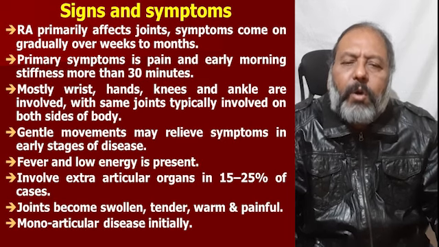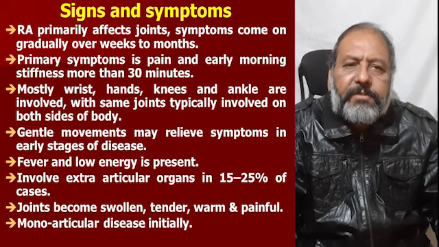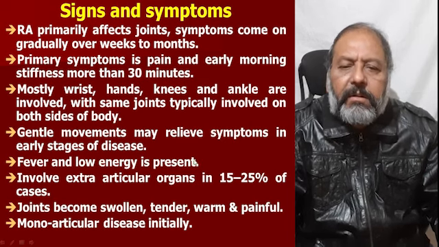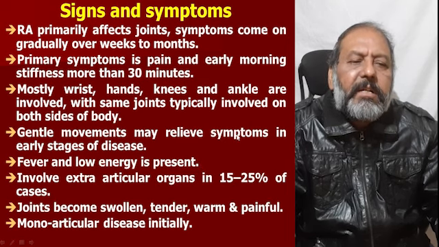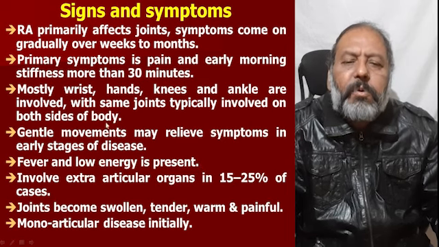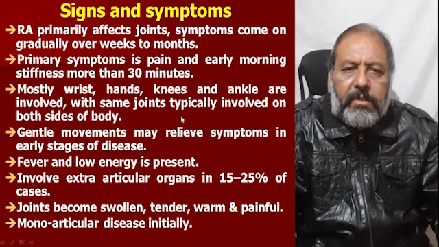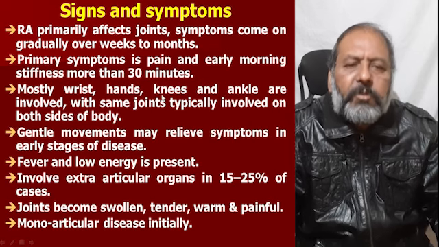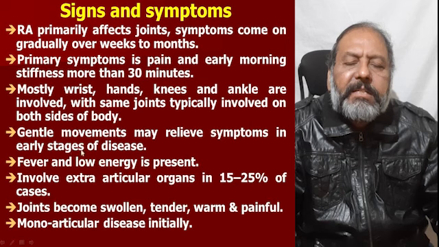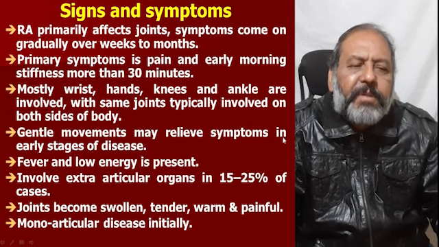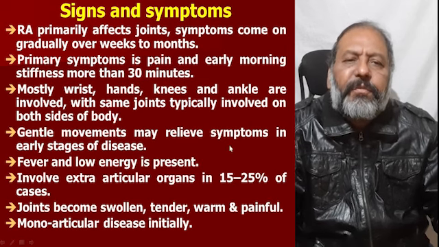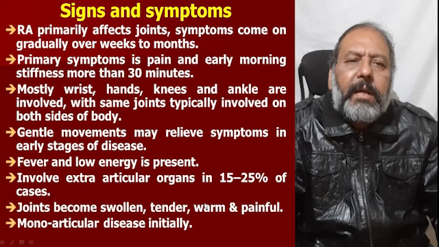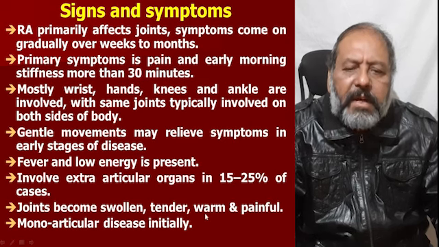It mostly involves the wrist, hands, knees, and ankle, with the same joints typically involved on both sides of the body. Gentle movement may relieve symptoms in early stages of the disease. Fever and low energy are present sometimes.